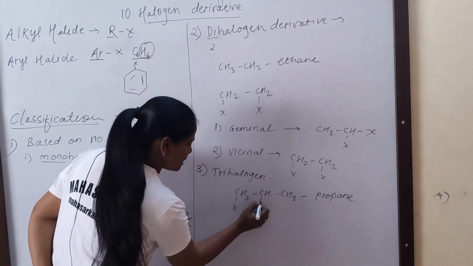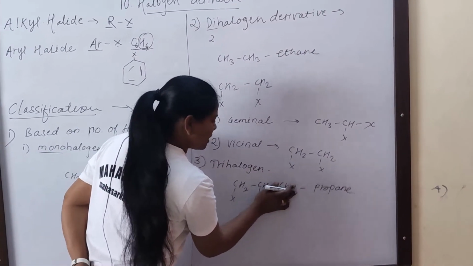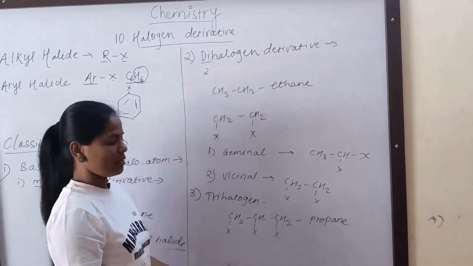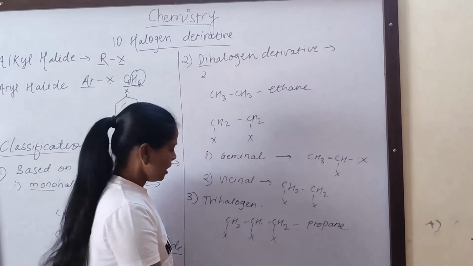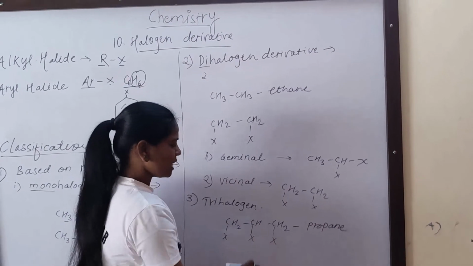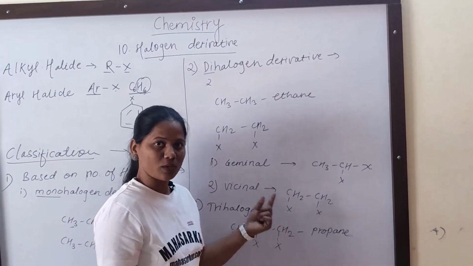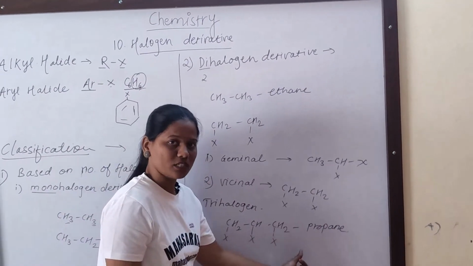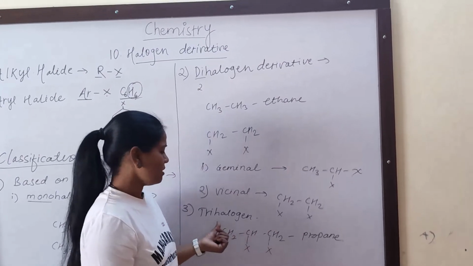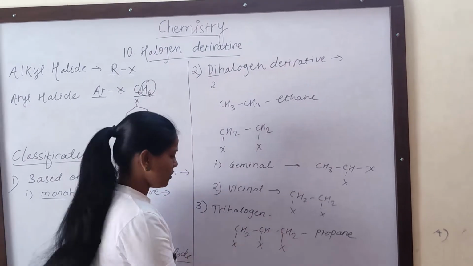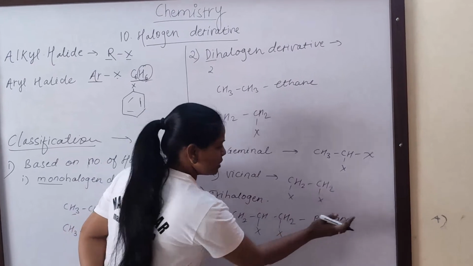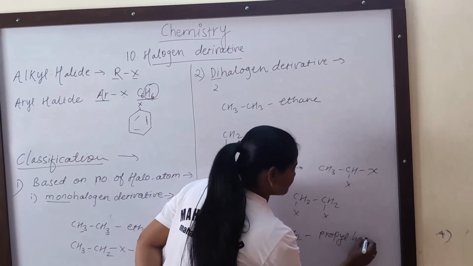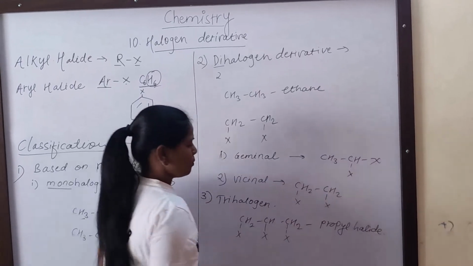This one hydrogen atom is replaced by one halogen, and here also one hydrogen atom is replaced by one halogen atom. Okay. Now 1, 2, 3. These three carbon atoms each lose one hydrogen, and instead of that each attaches one halogen atom, that is known as the trihalogen derivative. Now here 1, 2, 3, so it is known as the propyl halide. So what is known as the propyl halide?